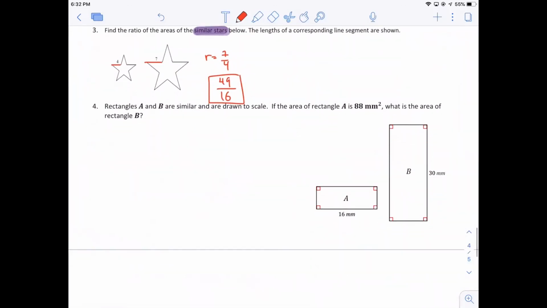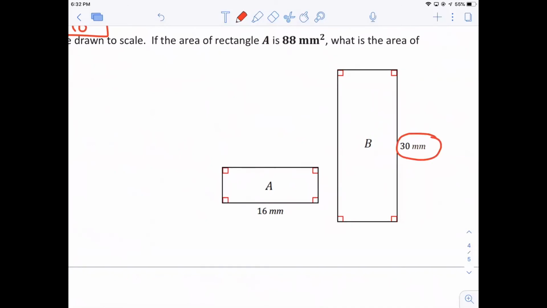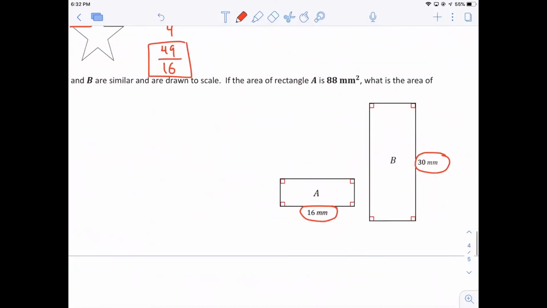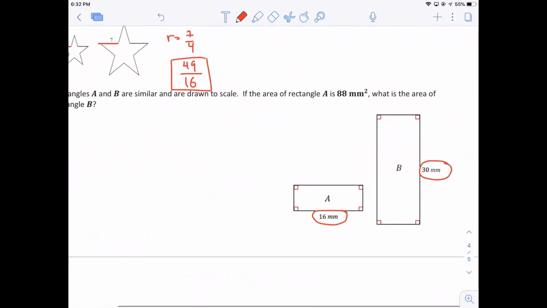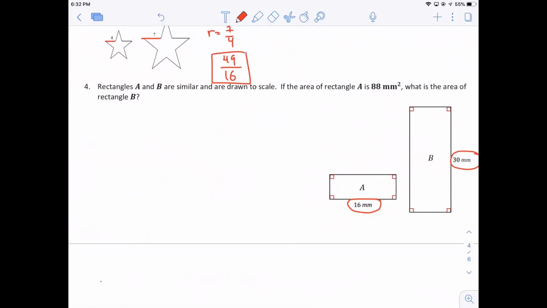All right, and number 4, same idea. Rectangles A and B are similar and drawn to scale. If the area of rectangle A is 88, what is the area of rectangle B? So I'm going to assume these are corresponding sides, even though there's not enough information, but let's assume that. So if these are similar, again, my scale factor is going to be 30/16.